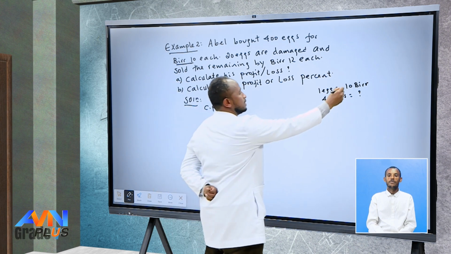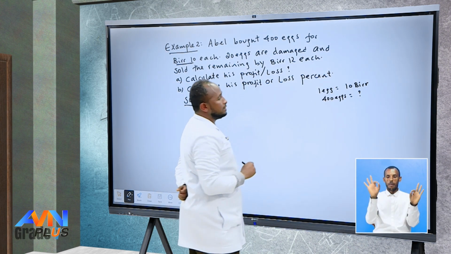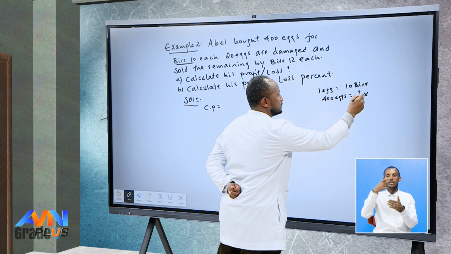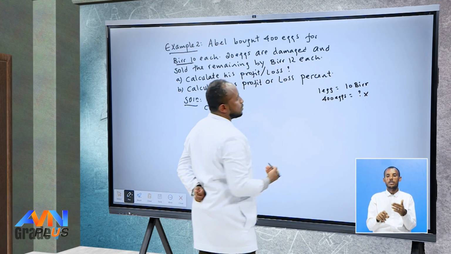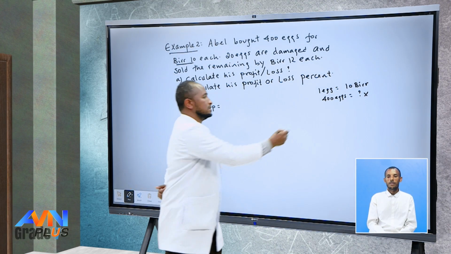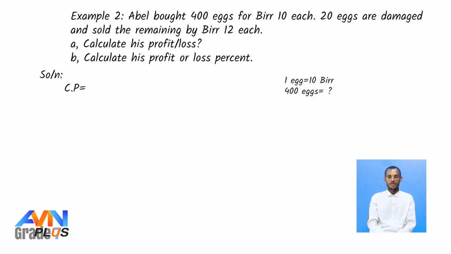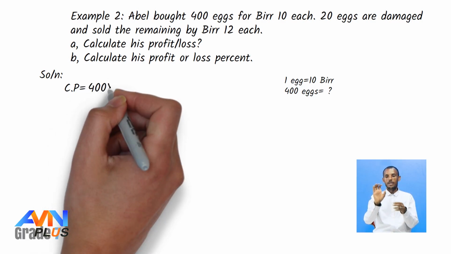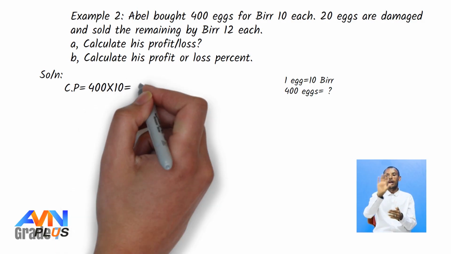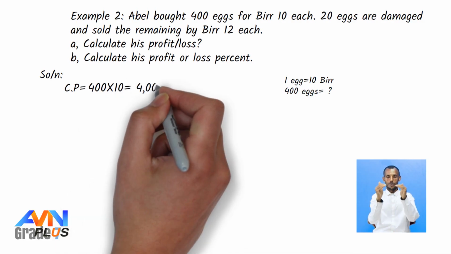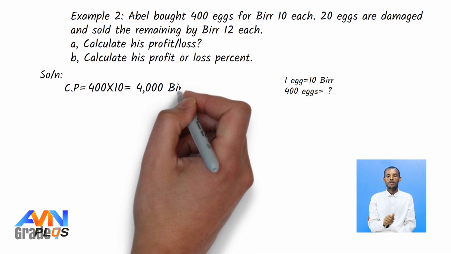Just cross multiply, you can find the cost. It is 400 times 10, which is 4,000 birr.